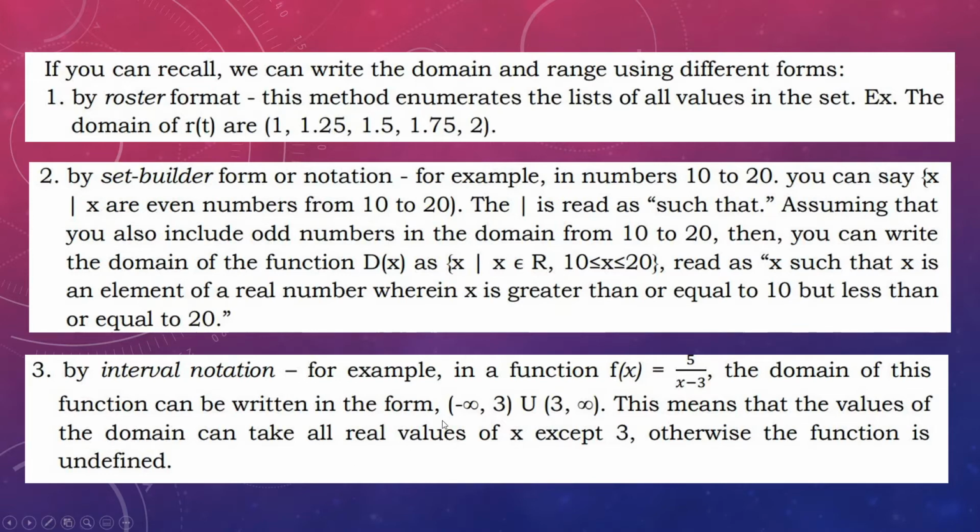For example, in a function f of x equals 5 over x minus 3, the domain of this function can be written in the form of the union of negative infinity to 3 and from 3 to positive infinity. This means that the domain can take all real values of x except 3. Otherwise, the function is undefined.